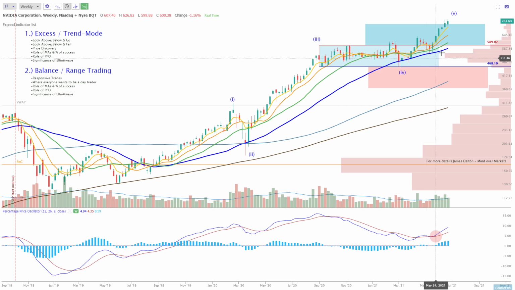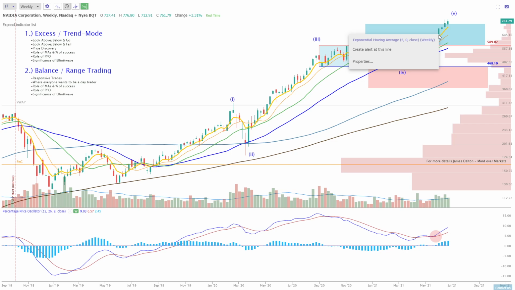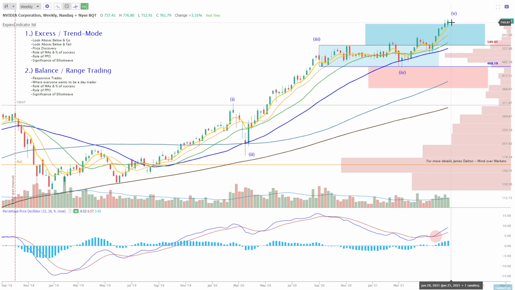The moving average once again confirmed demand. So at this point, 6 times the bears tried to get through the 40. They failed. Supply diminished. Bulls came back. You then had a beautiful look above and go setup. Well, the look above and go setup targets the other side of balance.